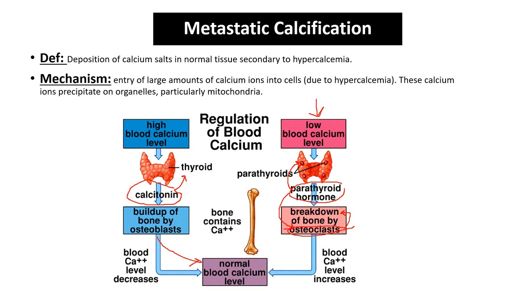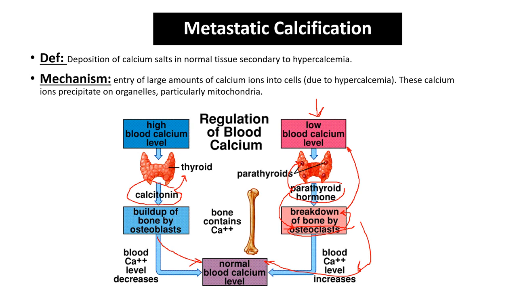So it will lyse some bone matrix, so the calcium is released into the circulation, and then once the calcium is released, it will adjust the low level of the calcium and return to a normal level in that case.